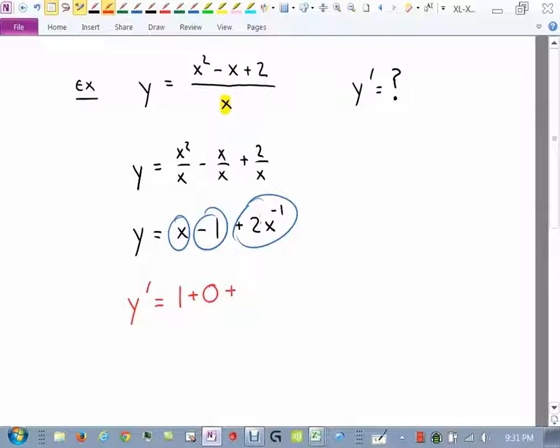And now the derivative of x to the negative 1, the negative 1 comes down. I subtract 1 from the exponent. So what's left here is 1 plus, well, actually it'll be a minus because I'm going to multiply 2 times negative 1. So minus 2, and then x to the negative 2 can go down on the bottom as an x squared. There it is. All right. Good, good, good. Making a little bit of progress here.